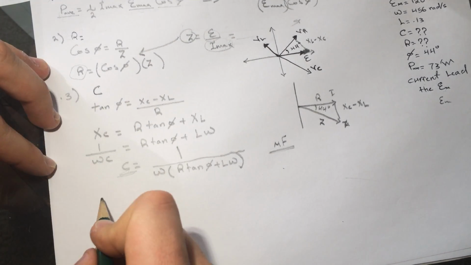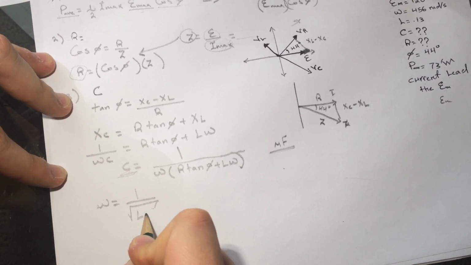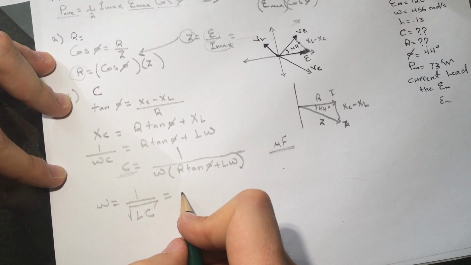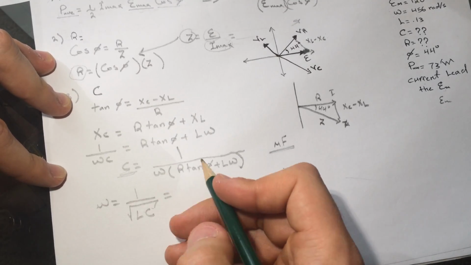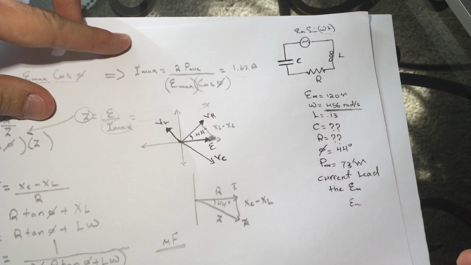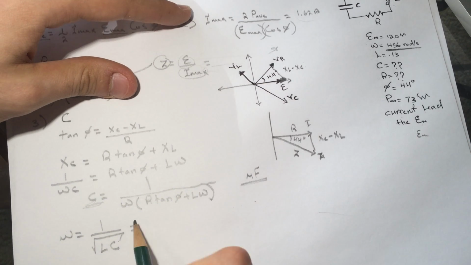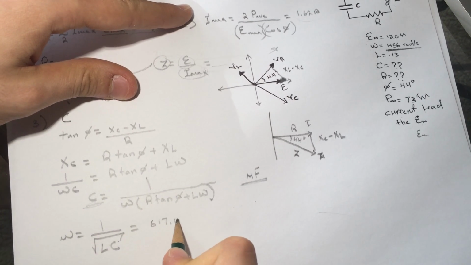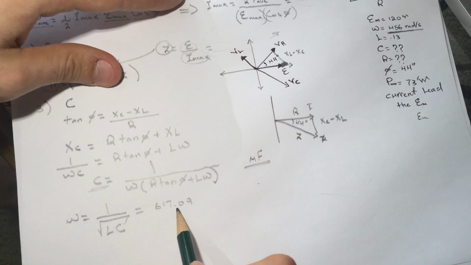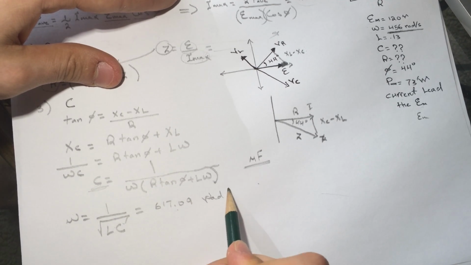You can do it like if the omega at resonance is 1 over the square root of L C, and find this value, and then compare it to the one you have from the question here. For this one I got 617.09, which means mine was 456, which means it was increased. So the omega increased here. This is radians per second.